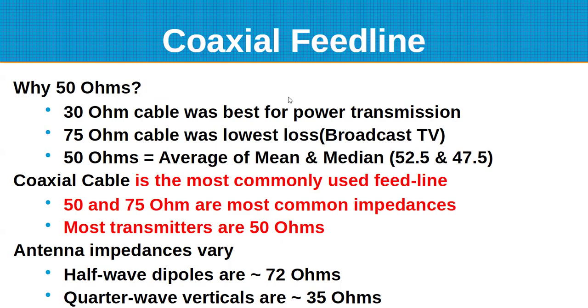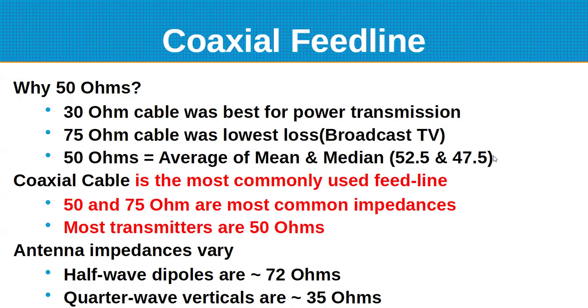So amateur radio decided to kind of take an average. So they took an average of the mean and the median. And the mean is 52 and a half between 30 and 70. And the median is 47 and a half. And they average those, and it's approximately 50. So that's where it came from. Nothing magic.